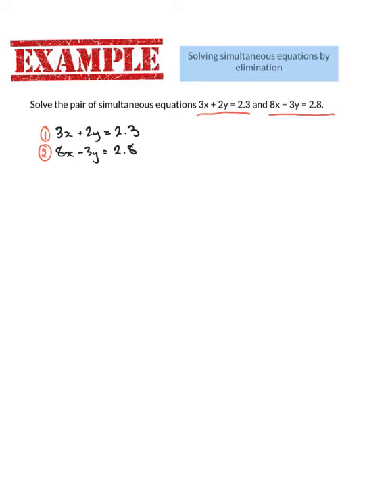So we multiply the bottom one by 2 and the top one by 3. They don't need to be the same multiplication. I'll show you what we get. 3x times 3, we get 9x. 2y times 3, we get 6y, equals 6.9.